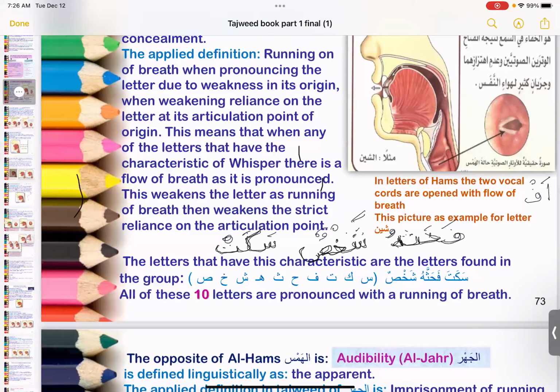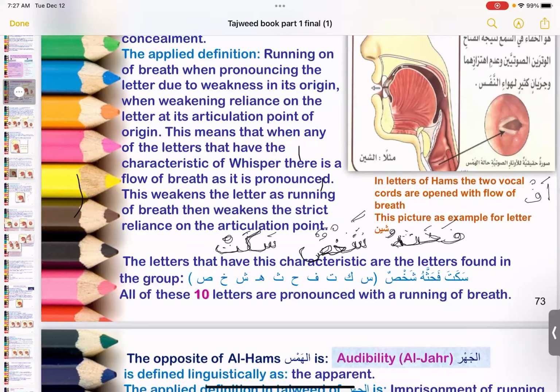And why is there running of breath when pronouncing these letters? Because of the weakness in its origin. That is, you don't rely totally on its makhraj. It's not totally dependent on its makhraj. Let me show you. If you look at the letter fa, there is not much reliance on the makhraj, right?